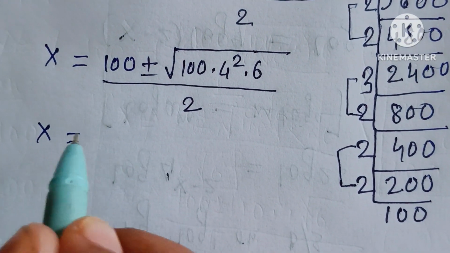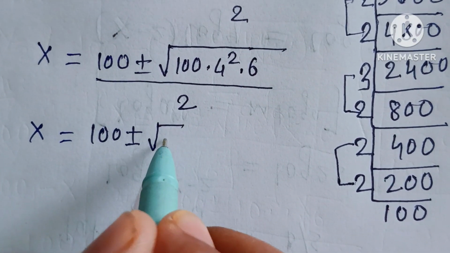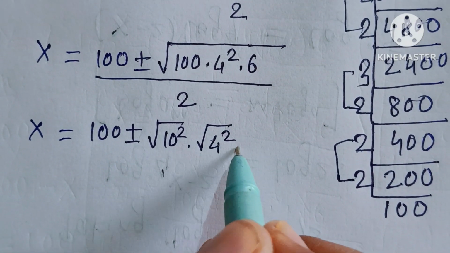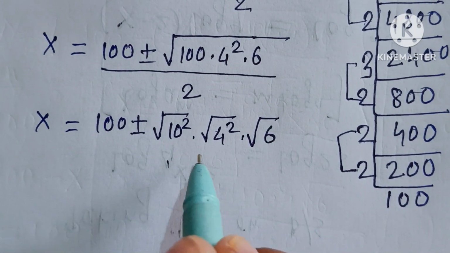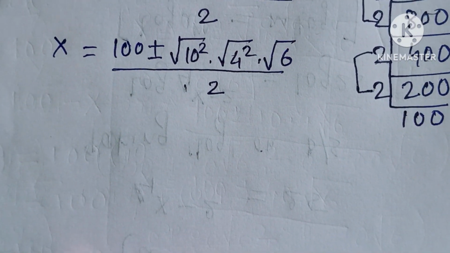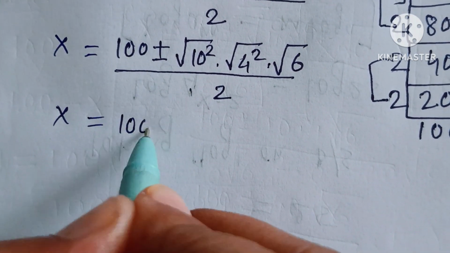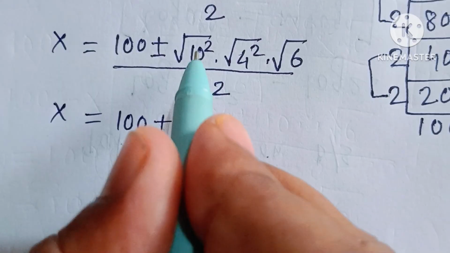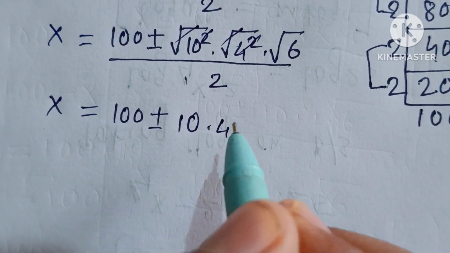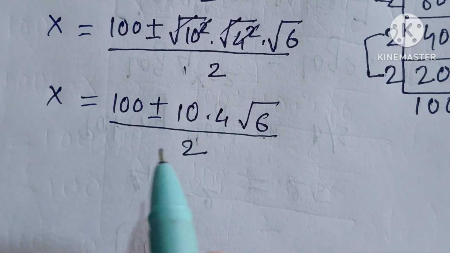x equal to 100 plus minus under root 100 means 10 square, into under root 4 square, into under root 6, divided by 2. We can write this x equal to 100 plus minus, this square root removed, so we get here 10, square root removed, so we get 4 into under root 6 divided by 2.